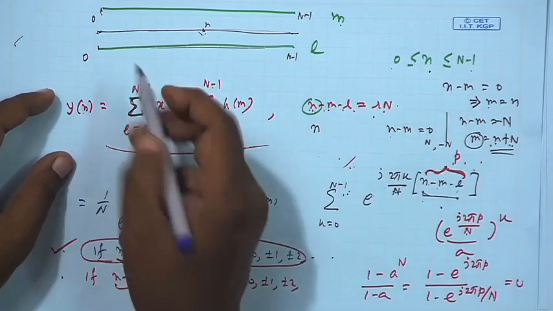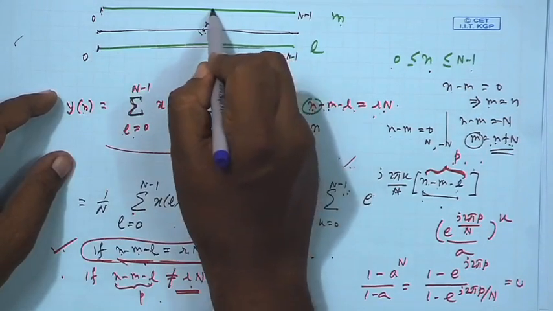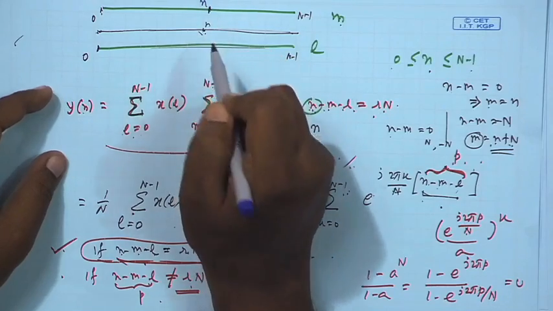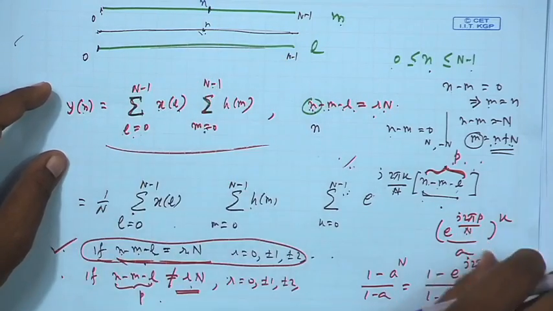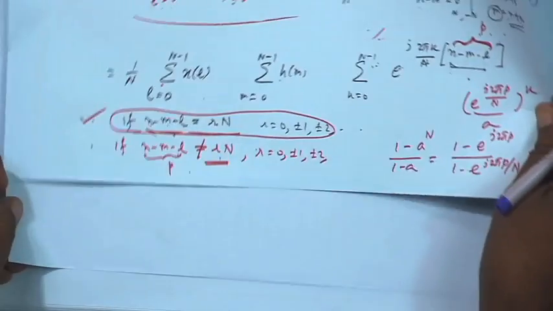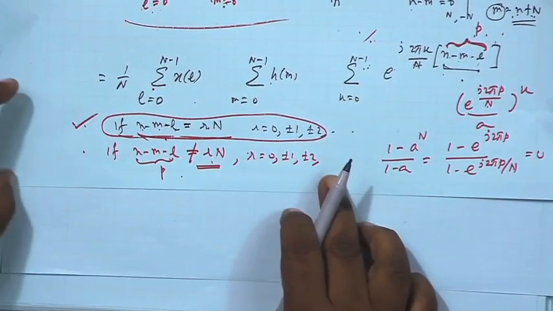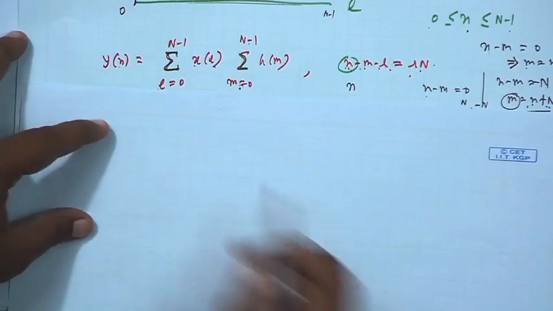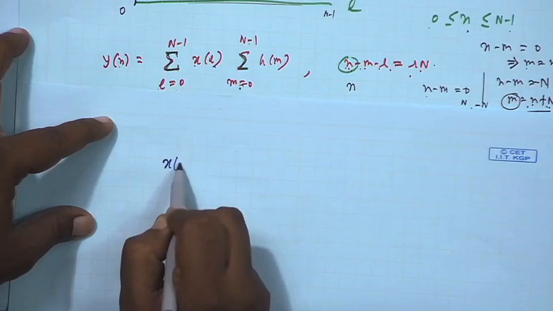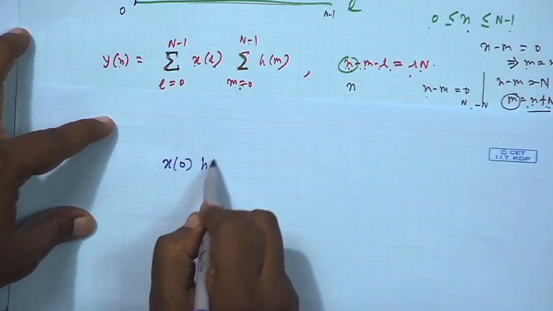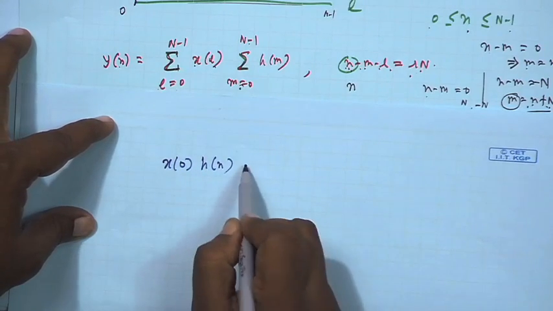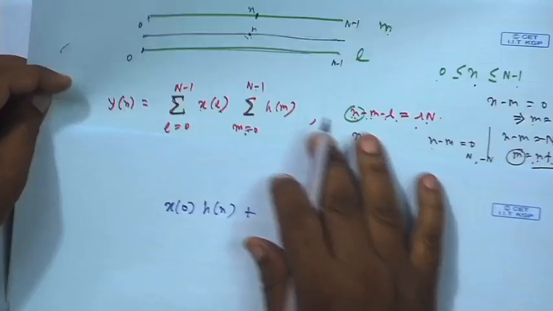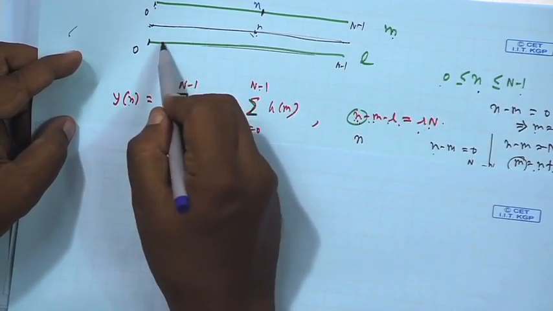So if L is 0, small m will be n, and the product will be x 0 into h n. Then suppose L takes 1, L is here 1.